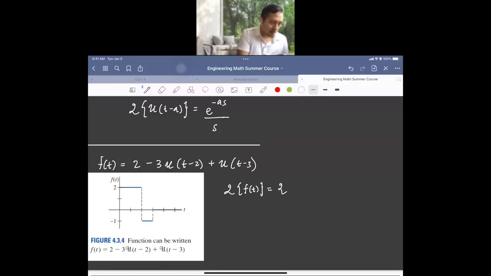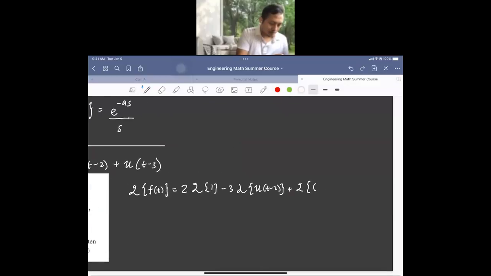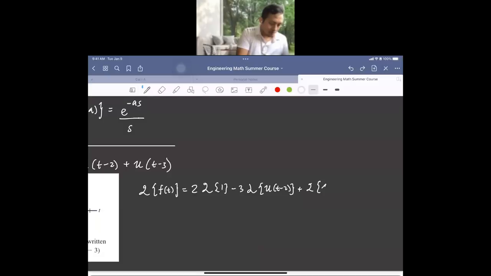So Laplace: 2 Laplace of 1 minus 3 Laplace of the Heaviside, and then plus Laplace of Heaviside t minus 3.